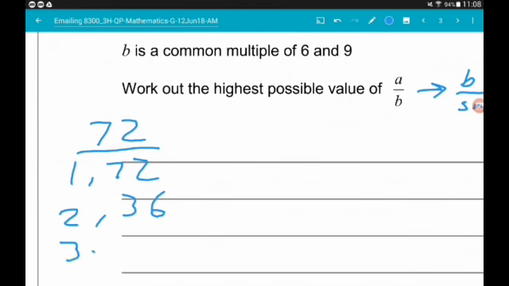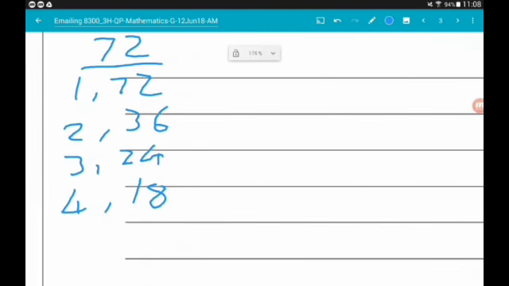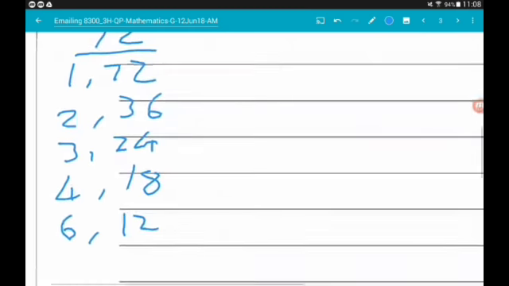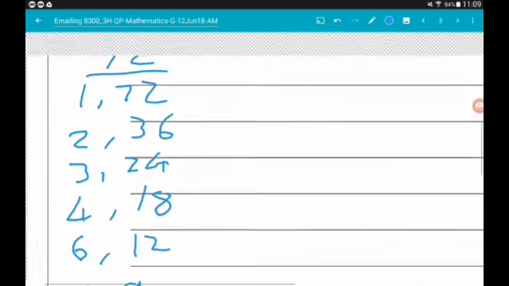Then we got 3 and 24. 4 and 18. 6 and 12. And 8 and 9. So there are all the factors of 72.